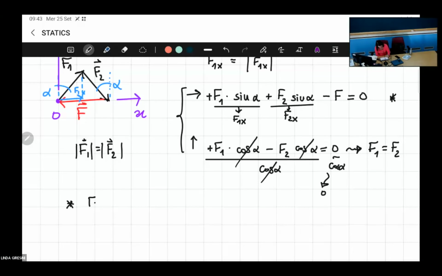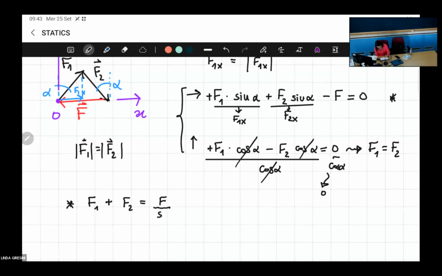So we have F1 plus F2, everything divided. We took F to the other side, the left-hand side.